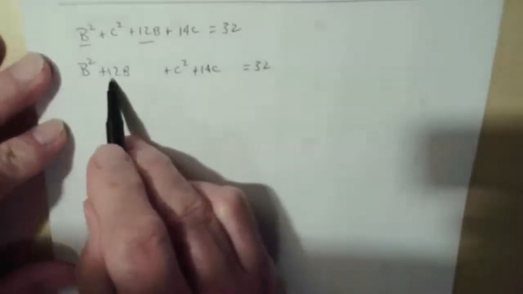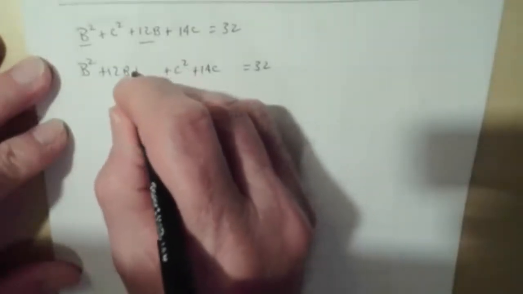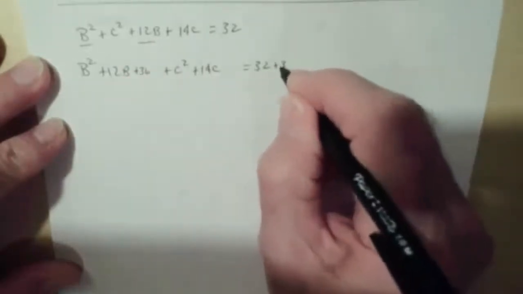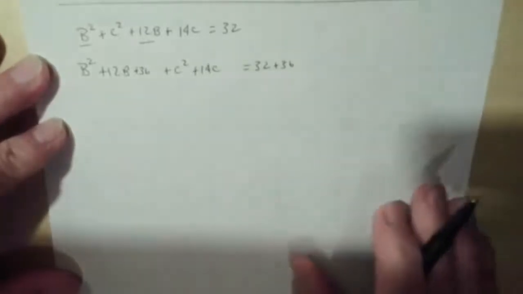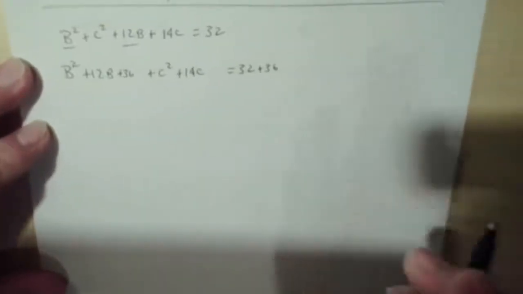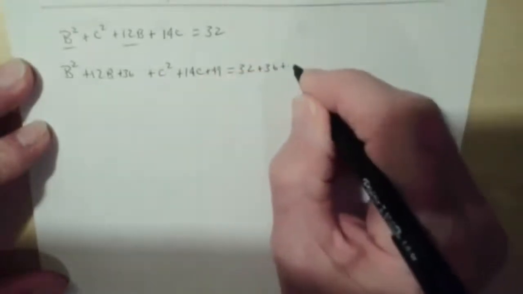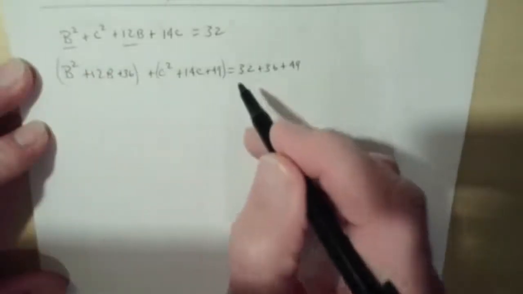Half of 12 is 6. 6 squared is, was it 36, I think. Added 36 here, so we have to add 36 here. Half of 14 is 7. 7 squared is 49. Okay. This is a perfect square, and this is a perfect square.